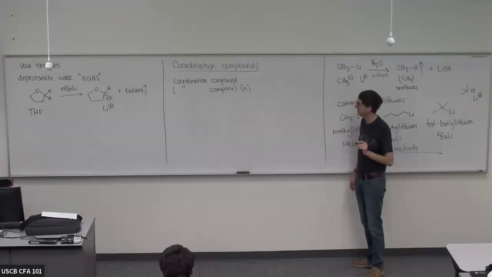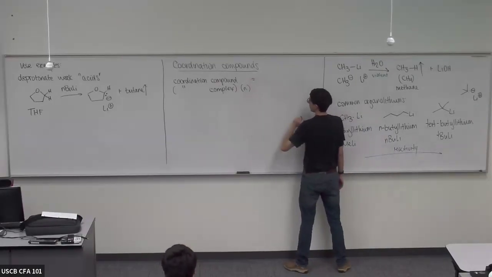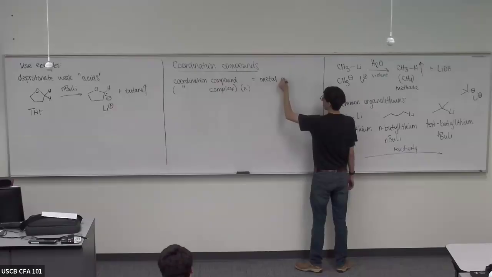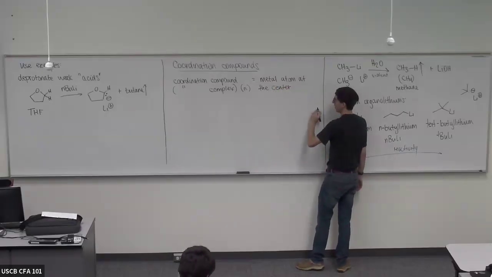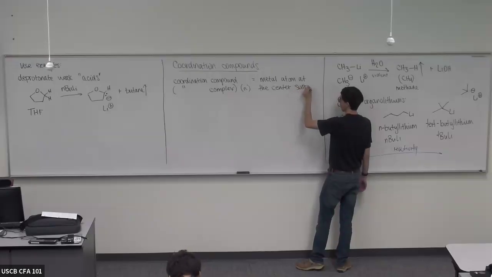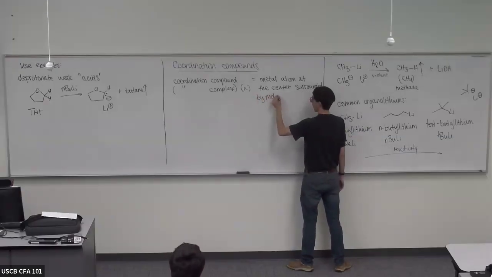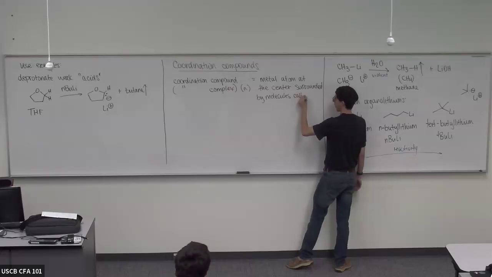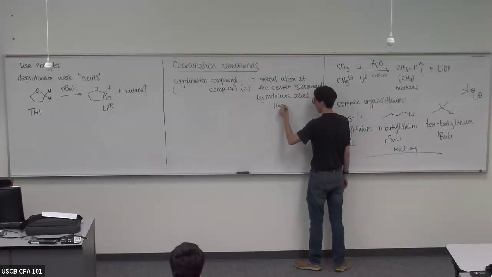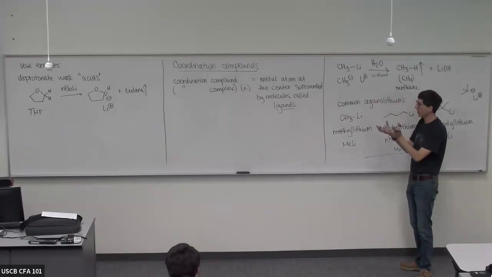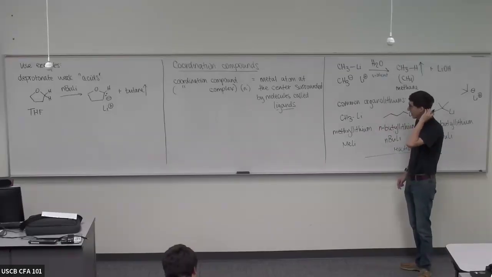Complex is a noun in this case. So this means that we have a metal atom in the middle of the molecule, and we've got a sphere of other molecules attached to that metal. We call those ligands.